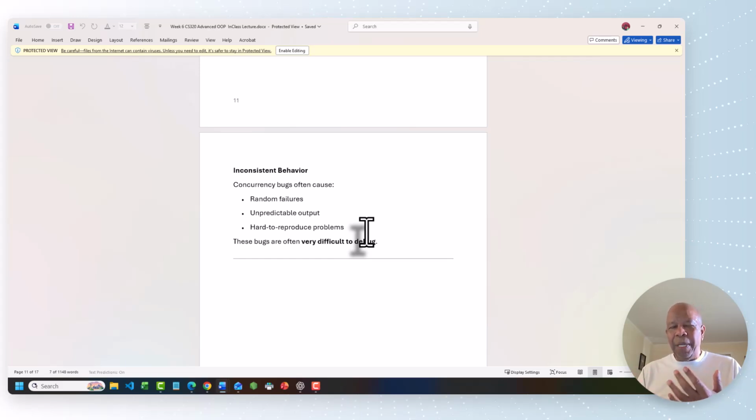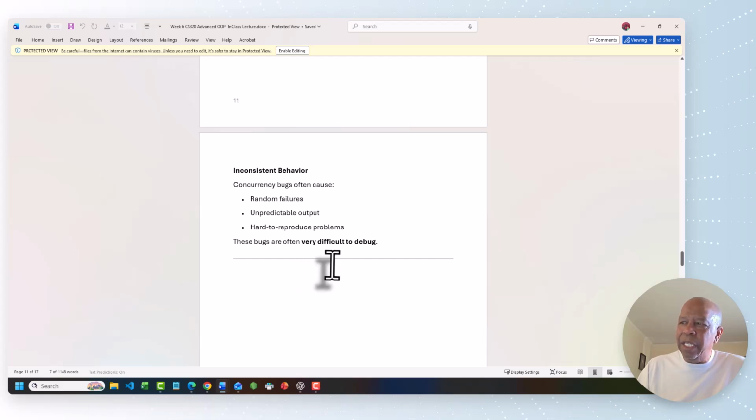Based on the timing and what resources are being asked for and what resources are available, it's very hard, if not impossible, to get that exact same scenario so that you can fix it, because you can't redo the environment and the situation, because of the randomness of what's happening. So that's where the hard-to-reproduce problems come in. I can't guarantee that things are going to run in the order that I think they should. These bugs are often difficult to debug.